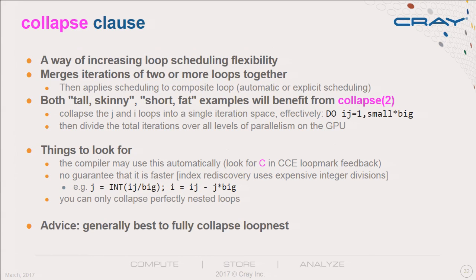But the downside is that the compiler then has to find a mapping for all these loop variables, where it has to calculate i and j back from the used combined ij loop index, right? And depending on your loop sizes, that could be quite inefficient.